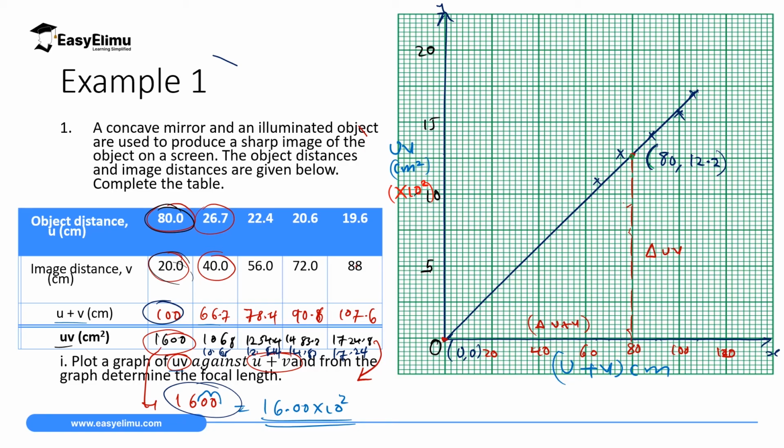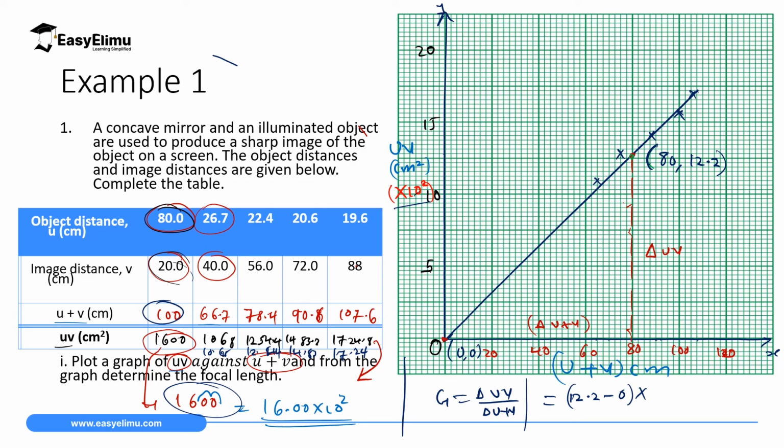And in this case now, the gradient is equal to change in uv over change in u plus v. Remember, we are going to start with the y, so it's going to be 12.2 minus 0. But remember, we multiplied it in the y-axis.